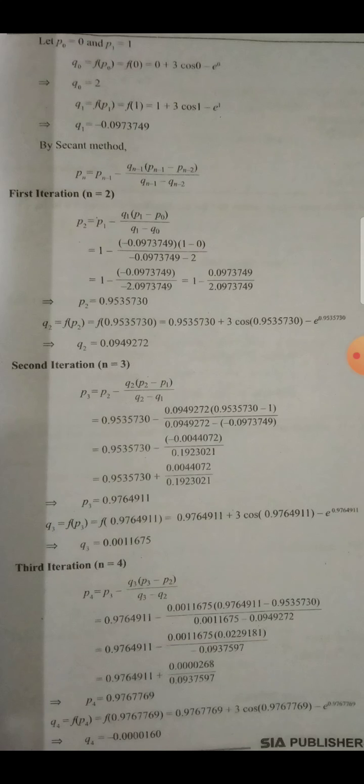Therefore q1 equals minus 0.0973749. By the secant method, pn equals pn minus 1 minus qn minus 1 into pn minus 1 minus pn minus 2 by qn minus 1 minus qn minus 2, where n equals 2, 3, 4, 5, and so on. First iteration, put n equals 2.